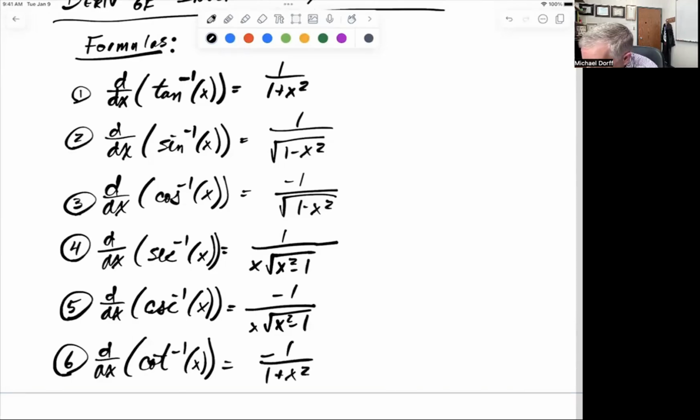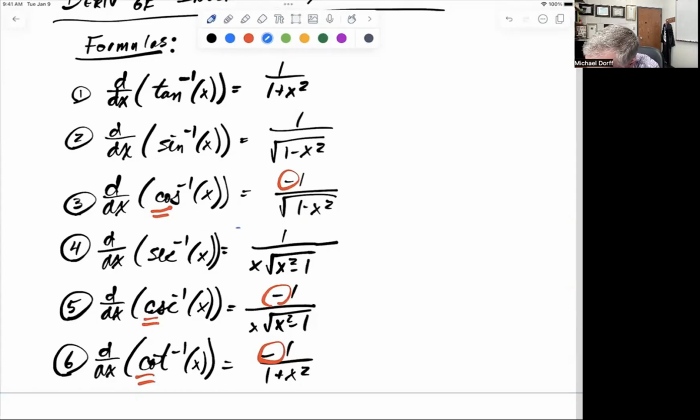Notice, just like when we had our derivatives of the trig functions, anything that starts with "co" is going to have a negative. So cosine has a negative derivative. Cosecant has a negative. Cotangent has a negative. Also, if you subtract the co, you get the same formulas without the negatives.